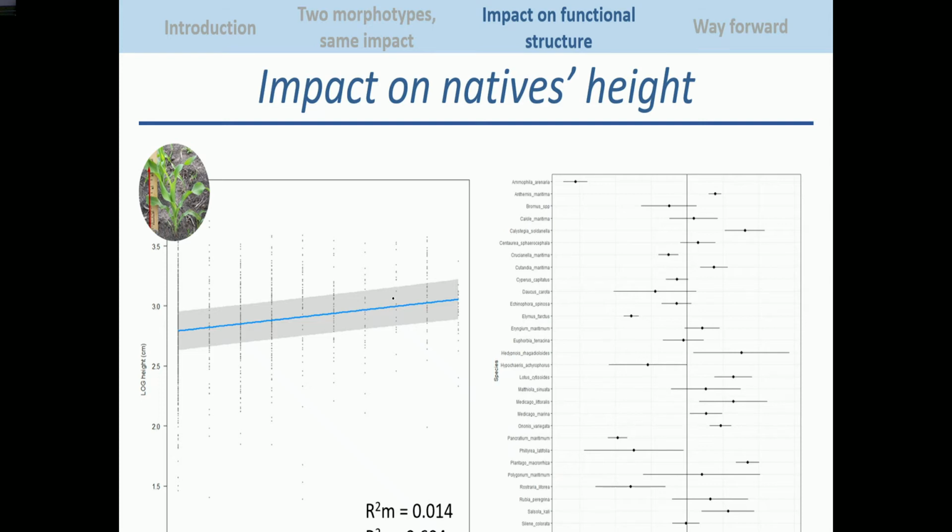This is a linear mixed model. I was using as a response variable the height of each individual, and I related it to the Carpobrotus cover, and I used species and the pair plot as random effects.